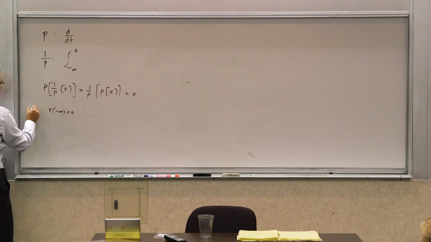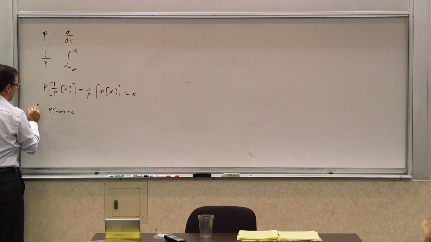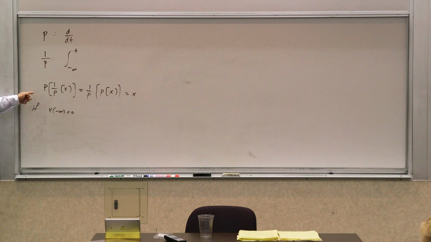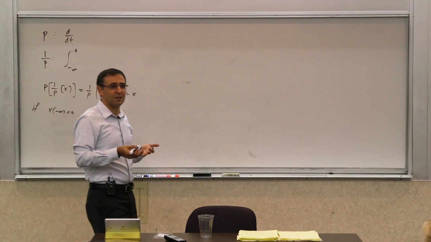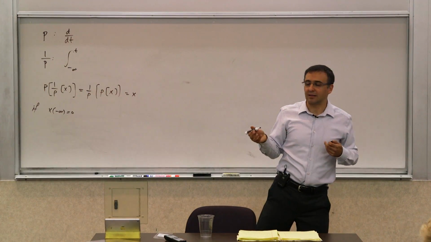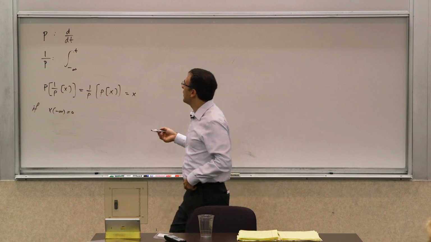So if you have this condition, then these two functions will be inverses of each other, and the order of application doesn't matter, which kind of makes sense. Differentiation and integration are inverse functions, essentially, if you define them correctly and use them correctly. And we saw examples of that, right?